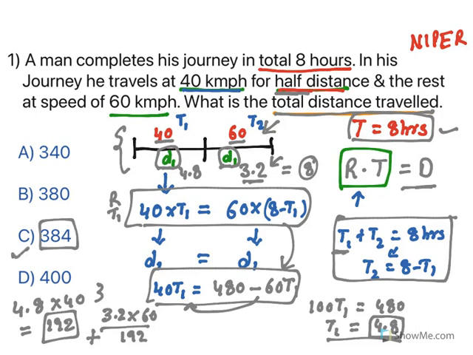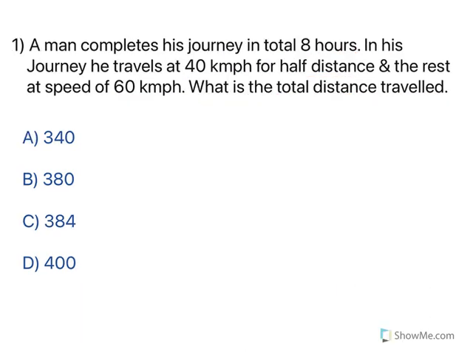So, this is one of the ways you can do this kind of question, but this is not the only way. Let me give you one more method. Understand that. See the same problem. T1 plus T2 equals 8. This is what is given, right? The first rate is 40, the second rate is 60 kilometers per hour.